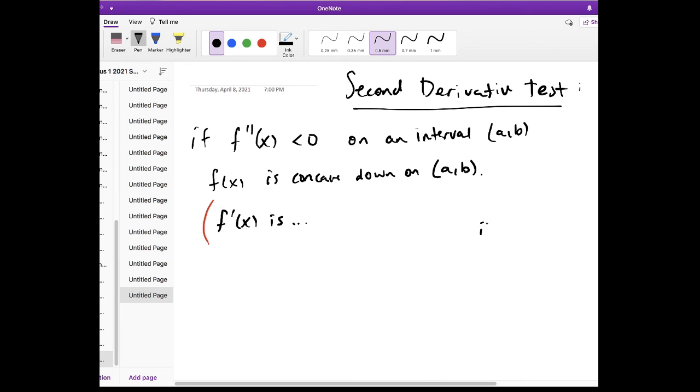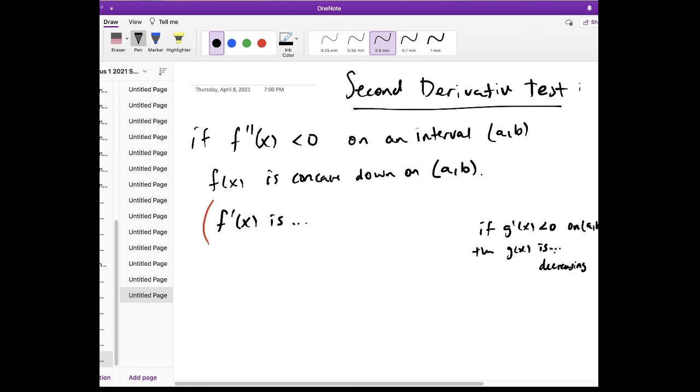So if G prime of x is less than 0, then G of x is what? It's decreasing, yeah.